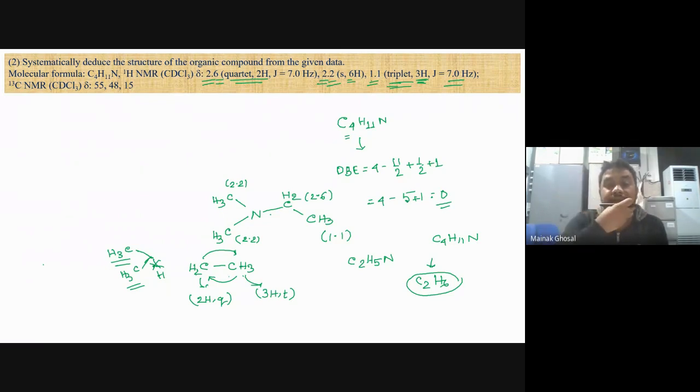Now you need to verify this structure with the help of carbon-13 NMR. If you look at the proton NMR spectrum, it gives some idea qualitatively about the carbon-13 spectrum: the highest proton shift will give the highest carbon shift, like that.